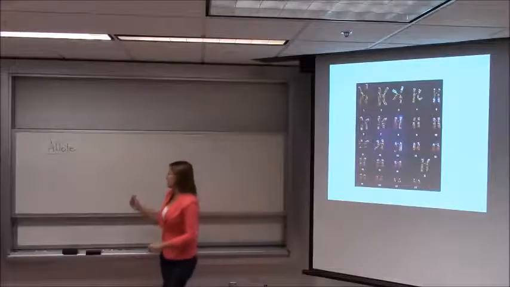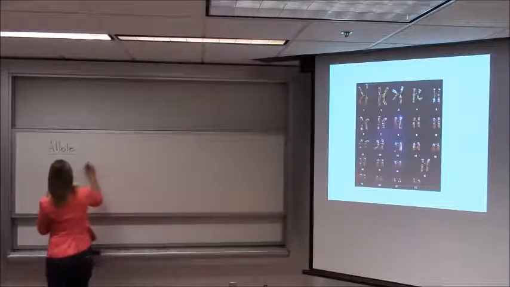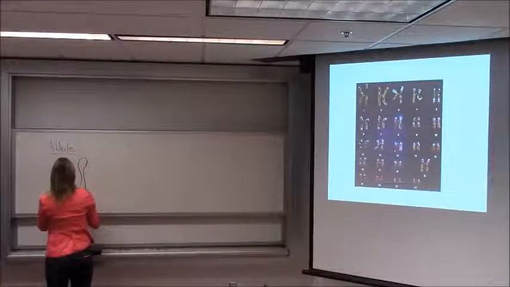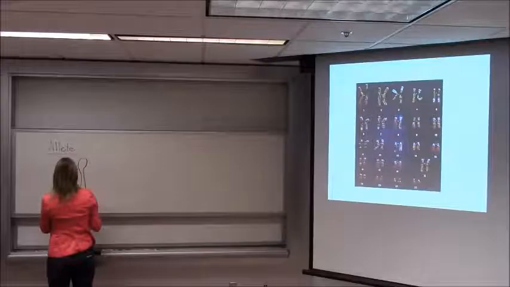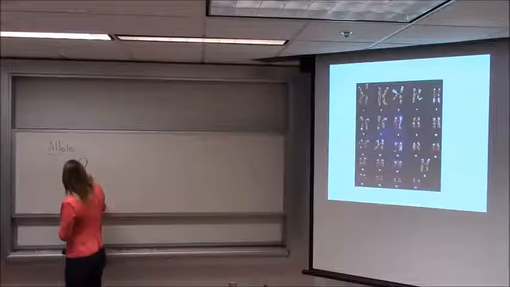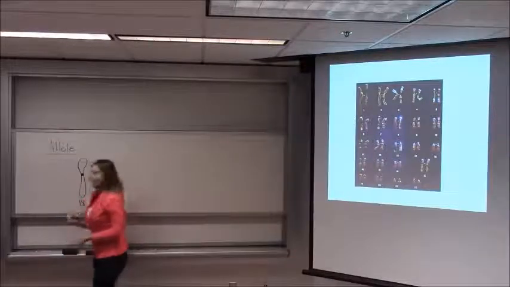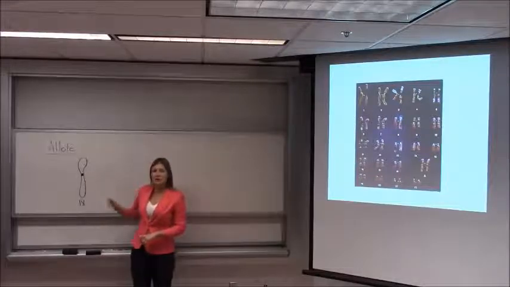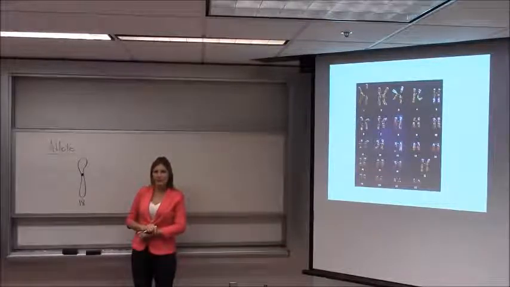So let's pretend that this is a chromosome. Let's call it randomly chromosome 18. And on this chromosome, this is a hamster, and on this hamster's chromosome 18, this is where fur color is determined.